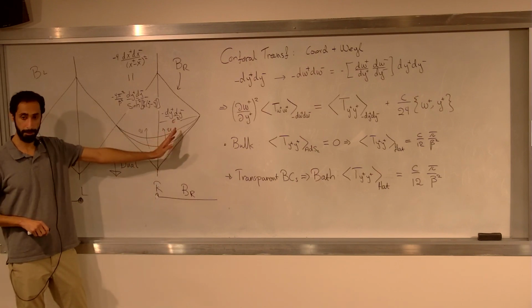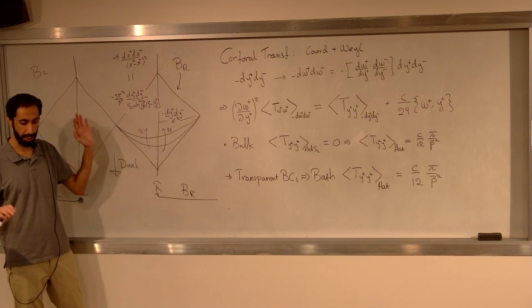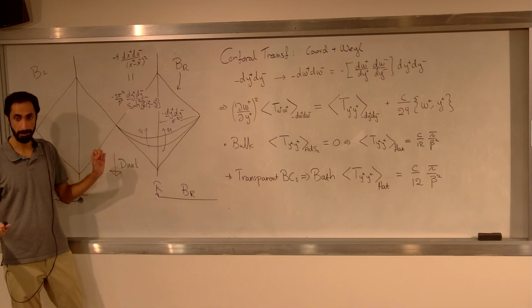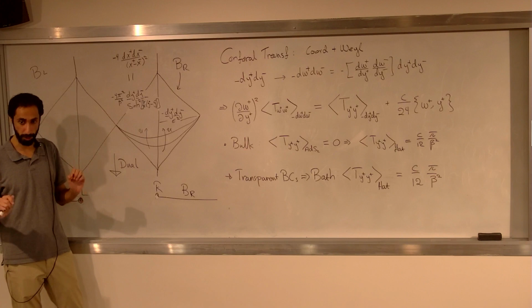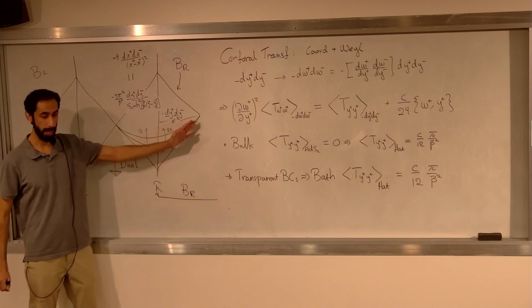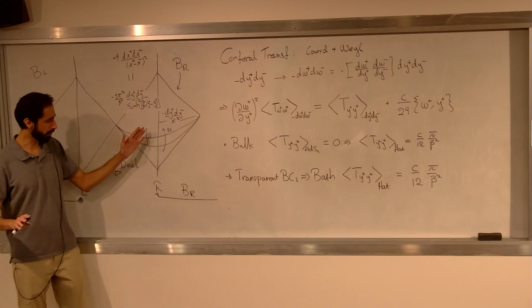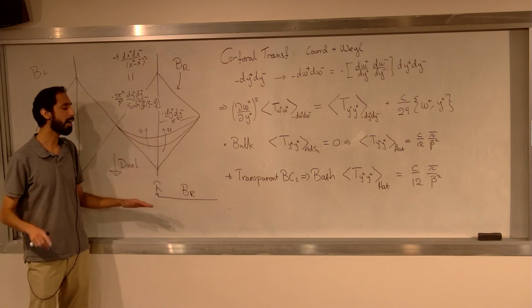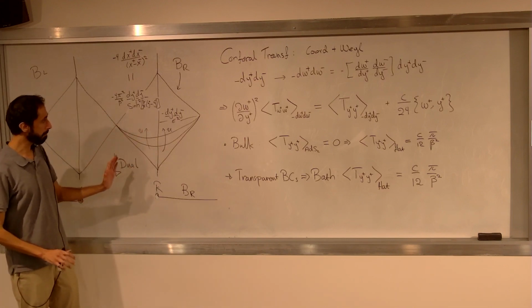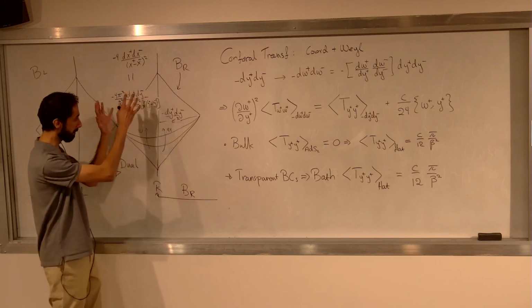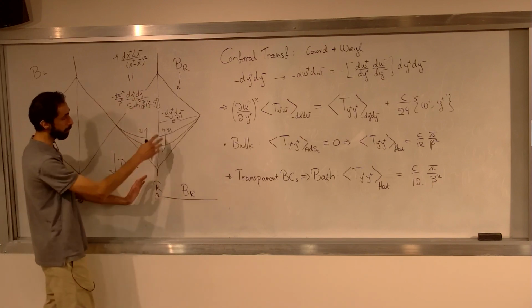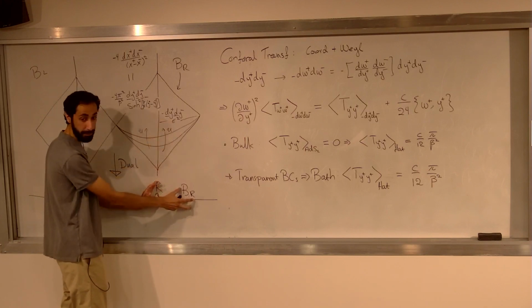Oh no. I'm considering a general conformal field theory. A general two-dimensional conformal field theory that lives on this half line. Hold on. I was just asking in the dual. In the dual, technically speaking, in what I'm talking about here, you should really think of it as the same CFT here.